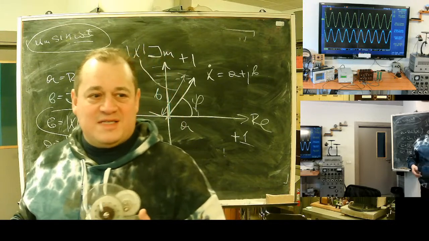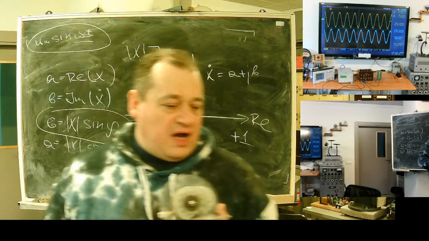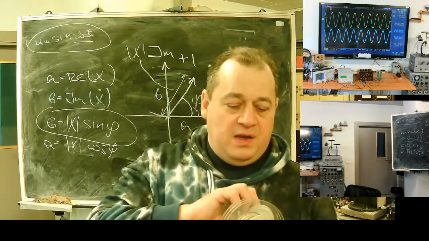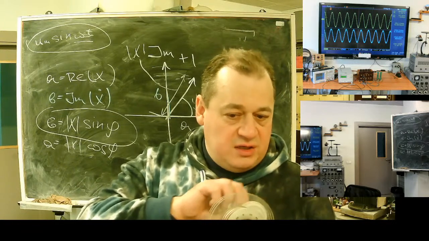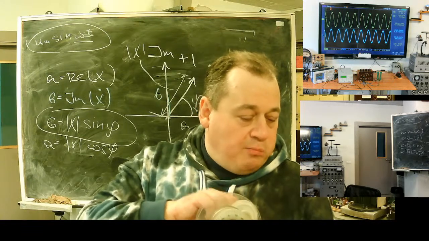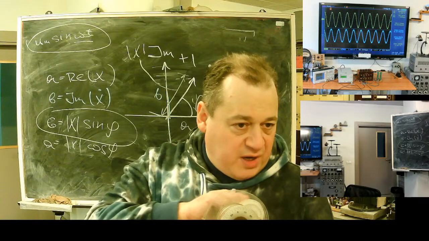What a silence. And now, if I have a current, I have to draw a current vector here. Here they are rotating. So in a circuit, there is a voltage and current. Both can be represented as a projection of some vectors on a complex plane.